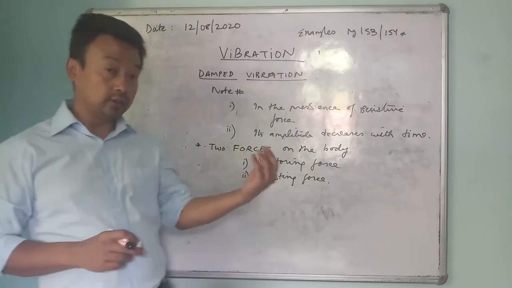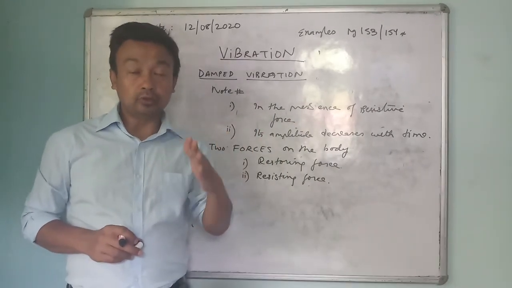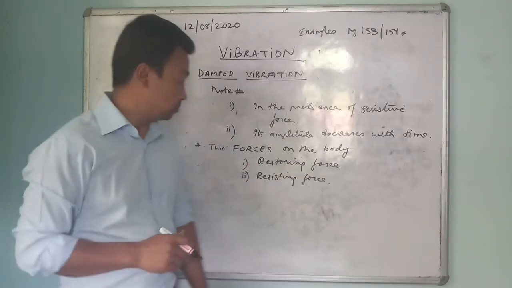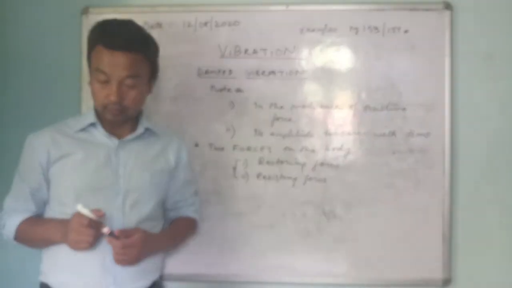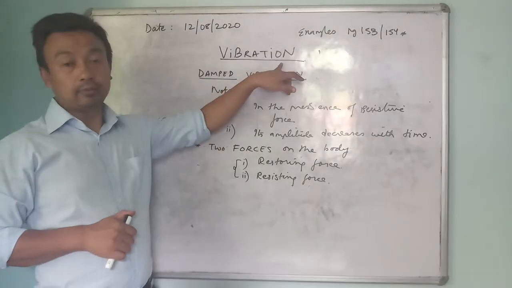And that resistive force will decrease the amplitude, and slowly with given time the body comes to a standstill. So these are the two forces acting on a body when it is producing a damped vibration.